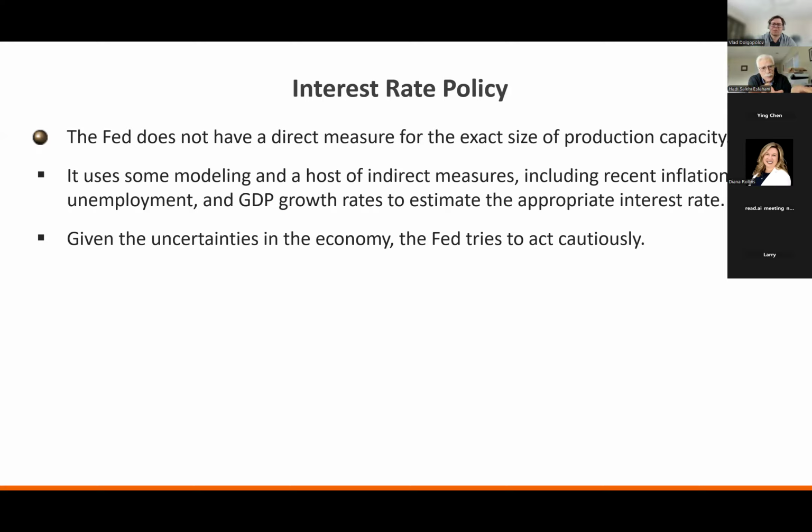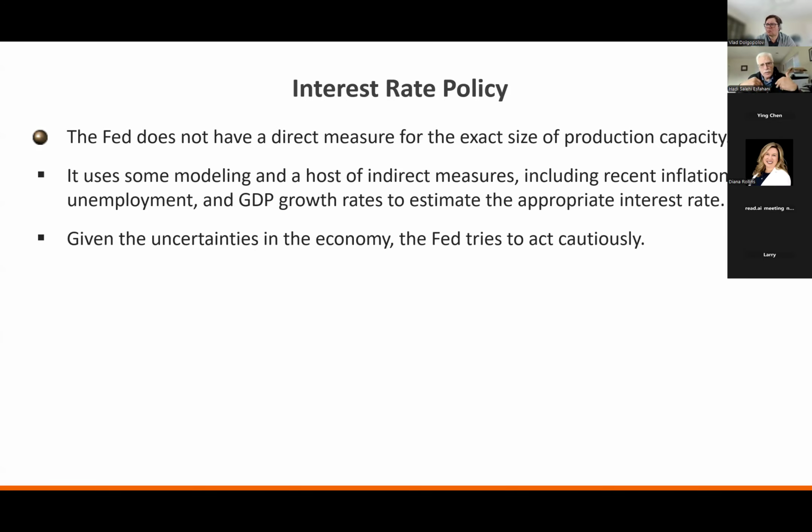Now, because of the uncertainties associated with not knowing the exact size of production capacity, the Fed has to be cautious. And that's why they keep cutting interest rates in very small amounts, 0.25% every time they decide. Occasionally, they may cut it a bit more if they're more certain that they know where production capacity is, or when the distance between production capacity and aggregate demand is large.